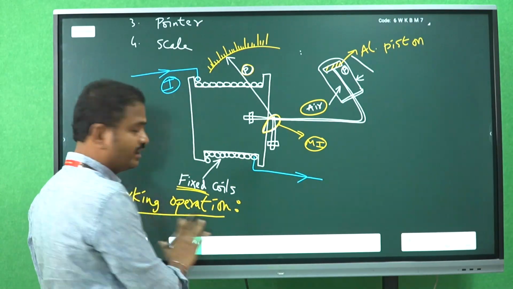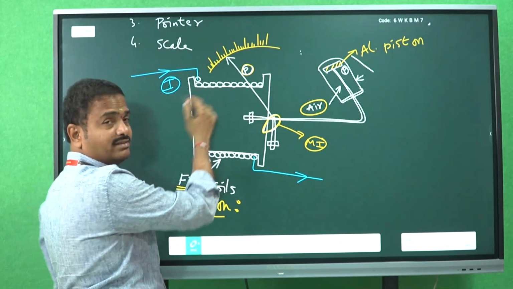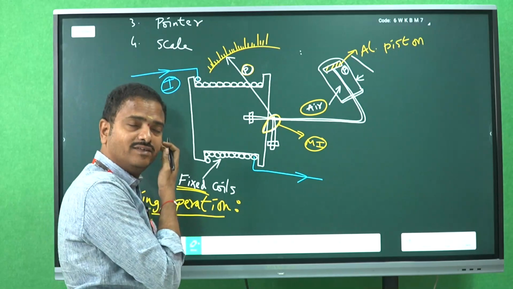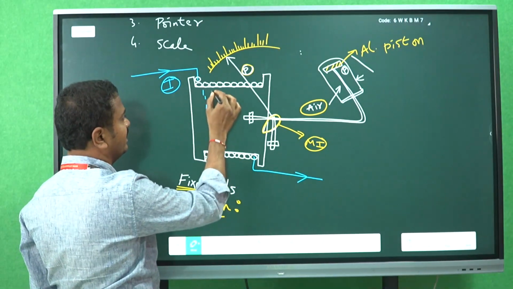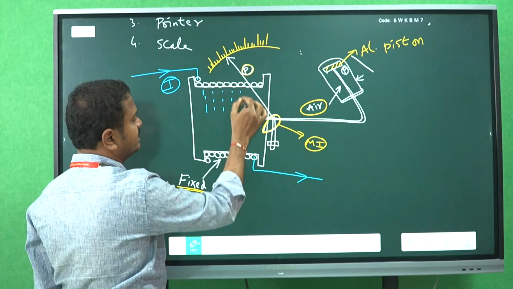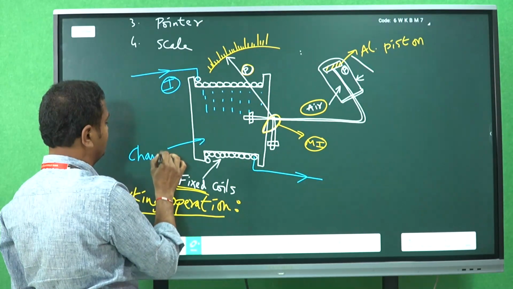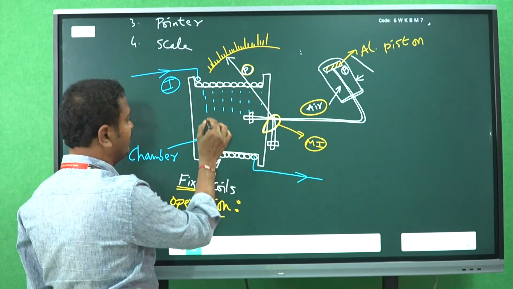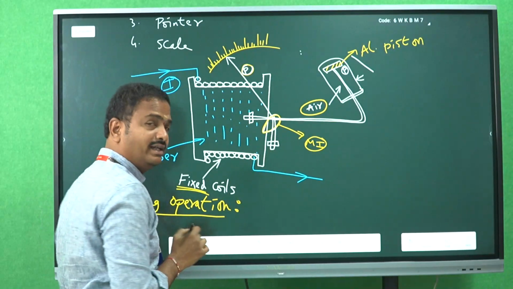Coming to working operation, whenever current is flowing through the fixed coil, a magnetic field will be produced inside the chamber. Magnetic flux lines are produced inside the chamber. Clear?